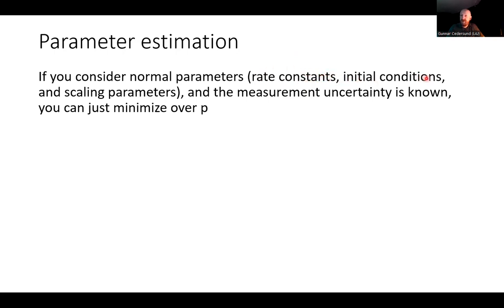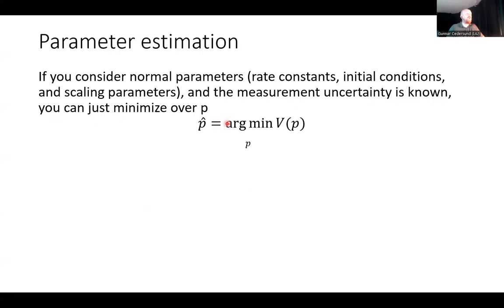The initial conditions, which is where you start, those might be unknown, and then you need to estimate those, and the scaling parameters, so the parameters that appear explicitly in the measurement equation. So let's consider the situation that we need to estimate those, but the measurement uncertainty, the sigma, is known.